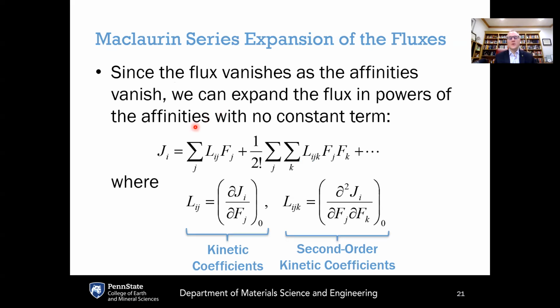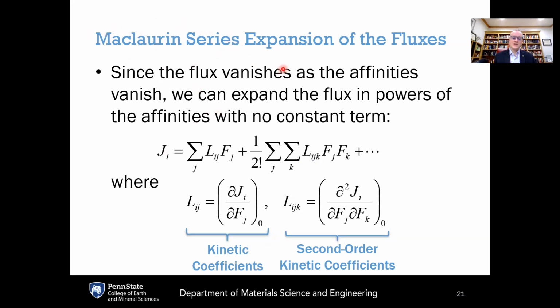Now, with that assumption, what we can do is expand the flux of a given thermodynamic parameter I. We can expand this flux J sub I in terms of the affinities of all the different thermodynamic parameters in the system. And those affinities only depend on the same instant in time. We don't have to go backwards in time. So we can expand the flux in terms of these affinities using a Taylor series expansion, and remembering then that the flux is zero if the affinity is zero, the first term of the Taylor series is zero, which means that the Taylor series is actually a Maclaurin series.